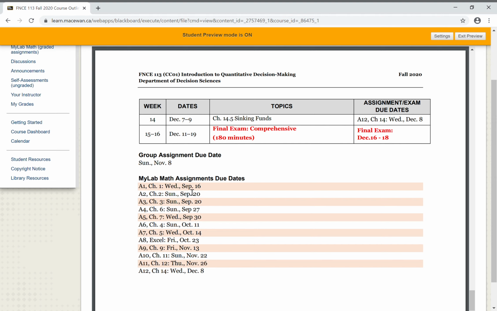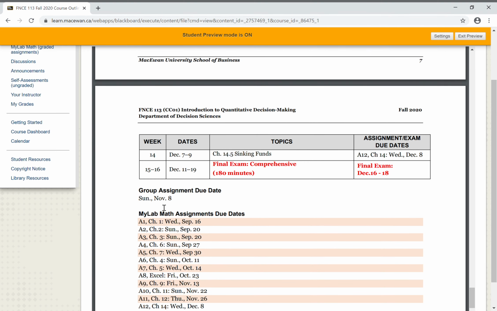The first one is due September 16th, then September 20th, and then 27th. So make sure you become familiar with these due dates, because you don't want to miss them for any reason. And like I said, for each assignment you have 3 attempts, and you get the grade out of the best attempt. So there's no reason why you shouldn't be doing well in these assignments.